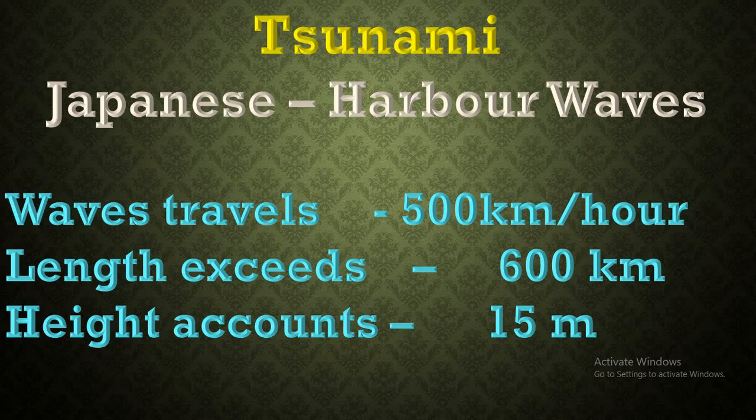It takes a length that exceeds 600 kilometers. So the waves are too fierce. And the height accounts to 15 meters high. That's why they say that it is too high to swallow whatever it comes across. This is what tsunami waves are.